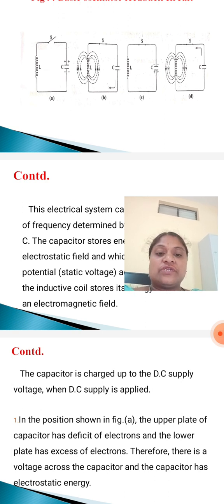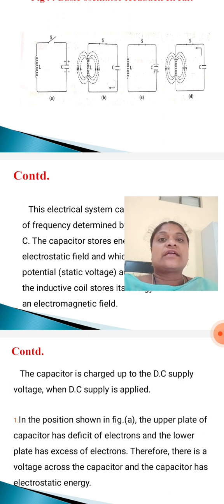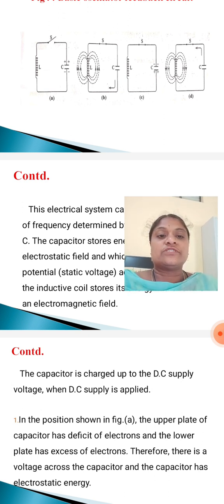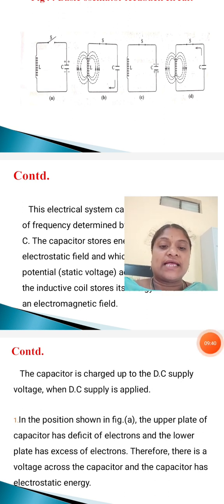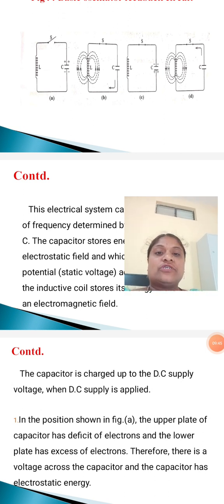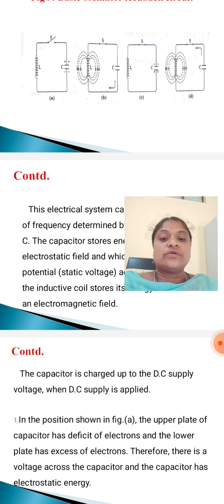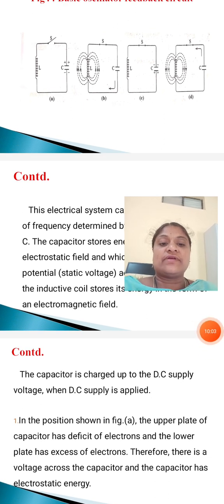In the position shown in figure A, observe this capacitor. The capacitor has two plates. The upper plate is positive, the lower plate is negative. The upper plate of the capacitor has a deficit of electrons and the lower plate has an excess of electrons.